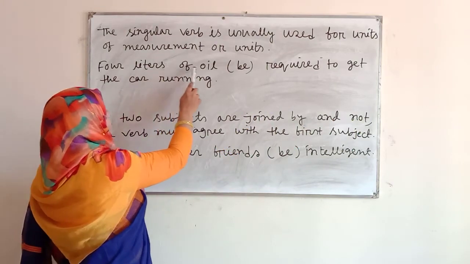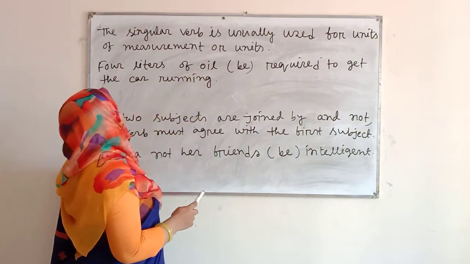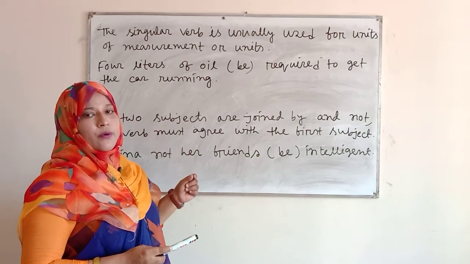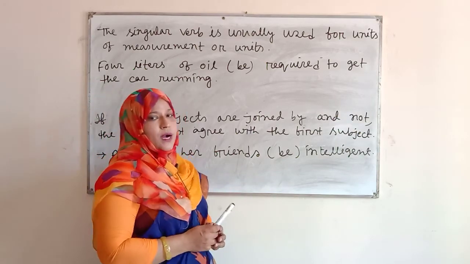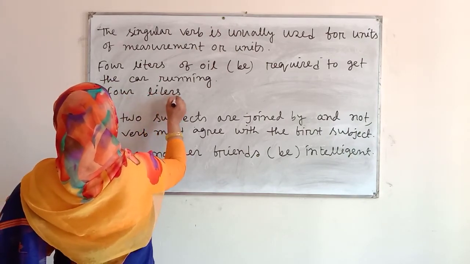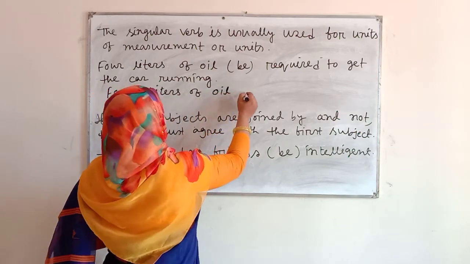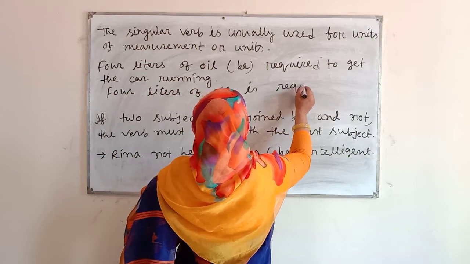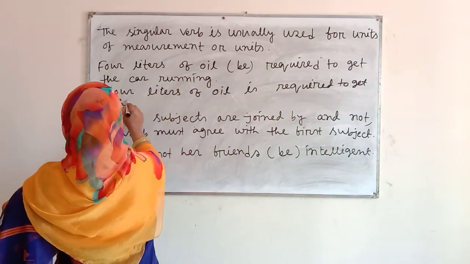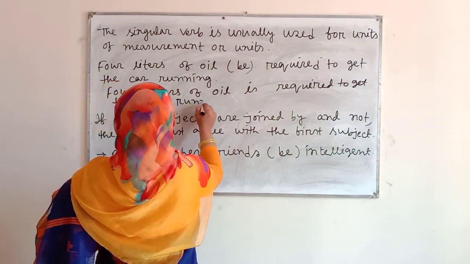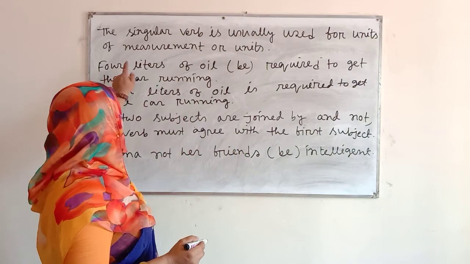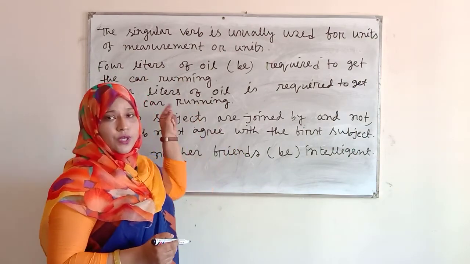Here 4 liters of oil, this is units of measurement, পরিমাপের একক। পরিমাপের এককের জন্য আমরা কি ব্যবহার করব? Singular verb. So our answer is 4 liters of oil is, not are, required to get the car running. 4 liters, this is plural, but we mean by it a unit of measurement.